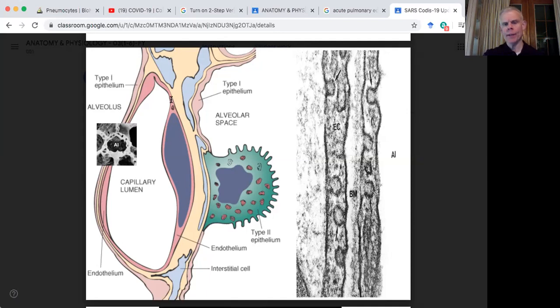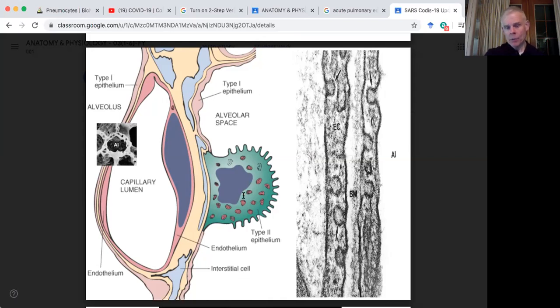We can then take gas exchange, oxygen being picked up by the erythrocytes, carbon dioxide being released in the blood plasma, and that returns back through the extracellular matrix, through the basement membrane, through the membrane of the alveolar type 1 epithelium, and is released in our next exhaled breath.